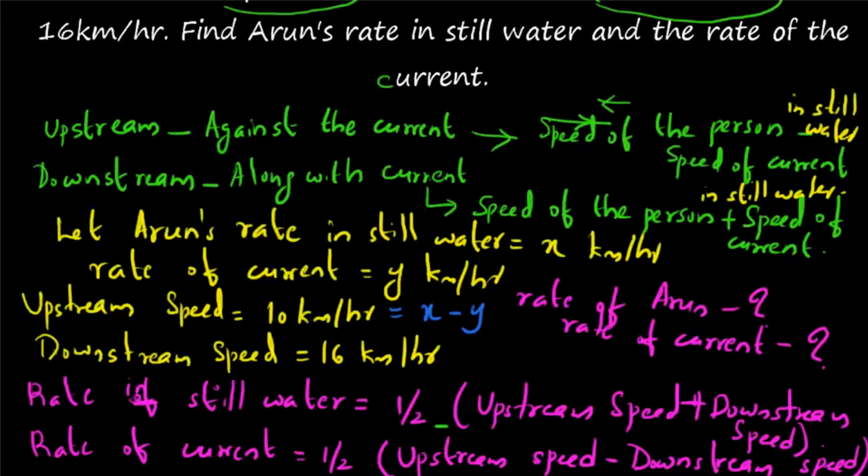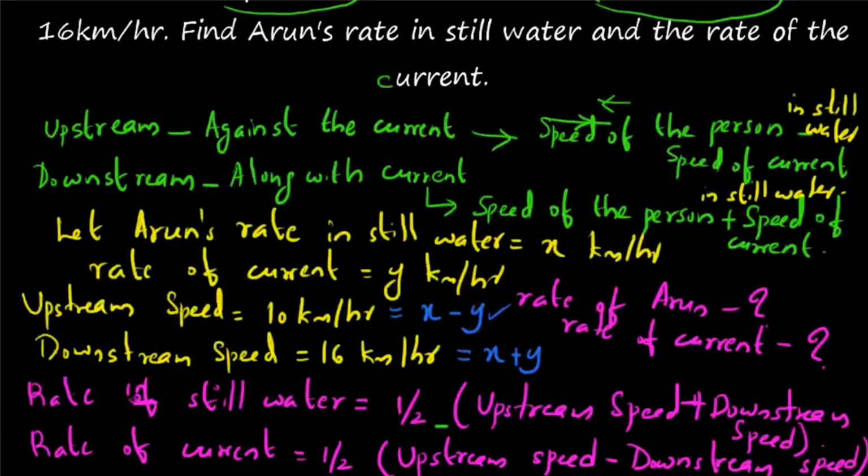And what will be downstream speed? It will be equal to x plus y, where x is the speed of Arun in still water and y is the speed of the current. So upstream speed is equal to x minus y and downstream speed is equal to x plus y. So from that we will be getting x is equal to half into upstream speed plus downstream speed and y is equal to half into upstream speed minus downstream speed.